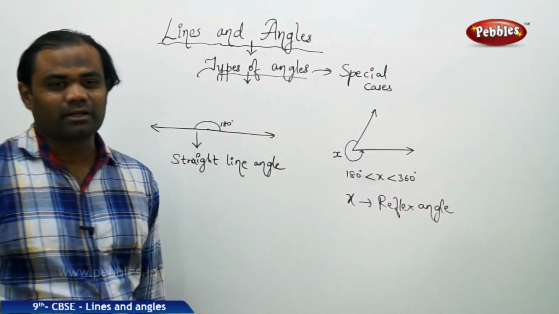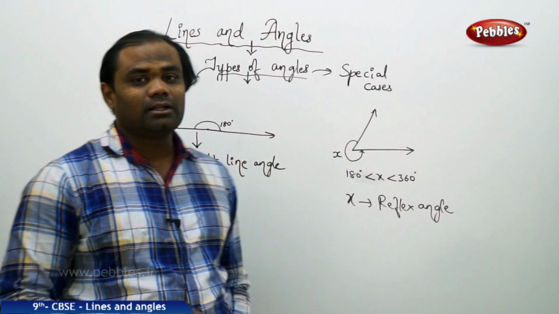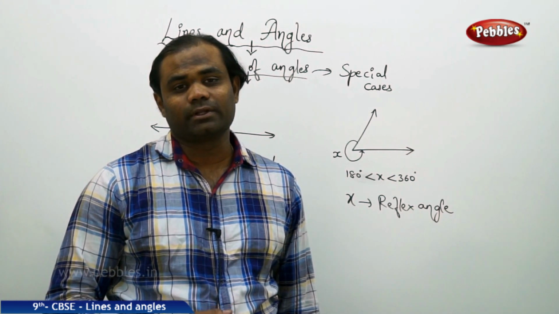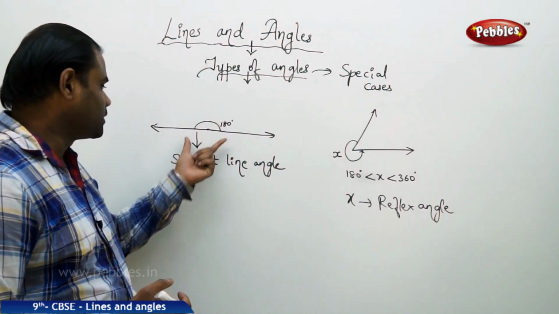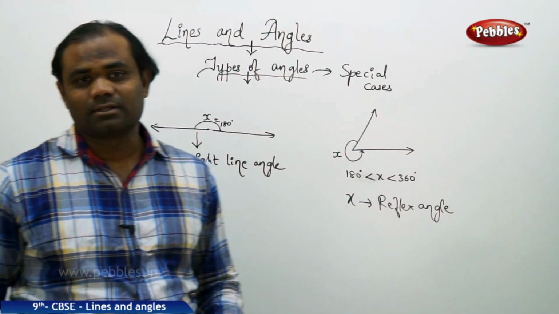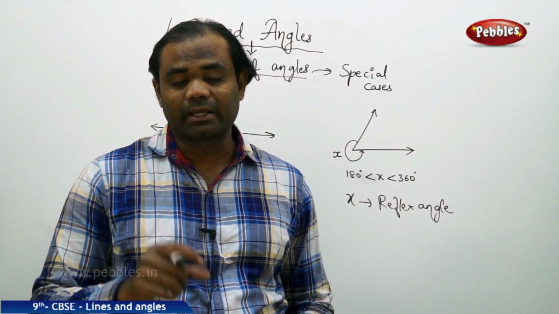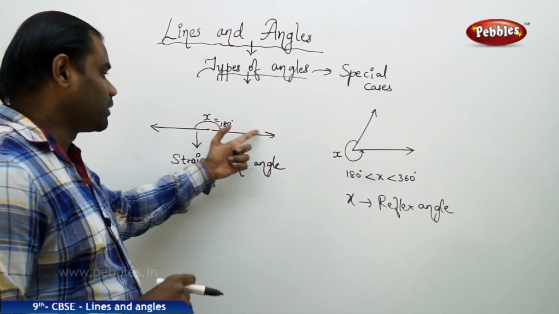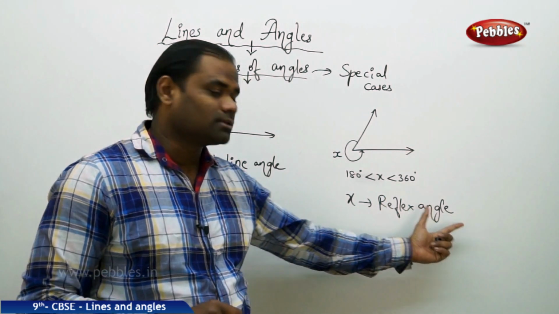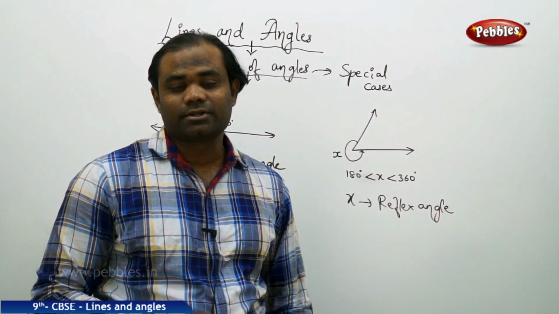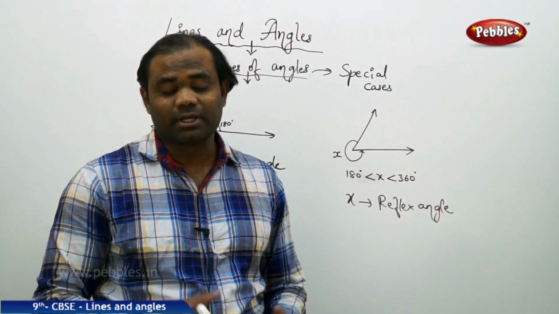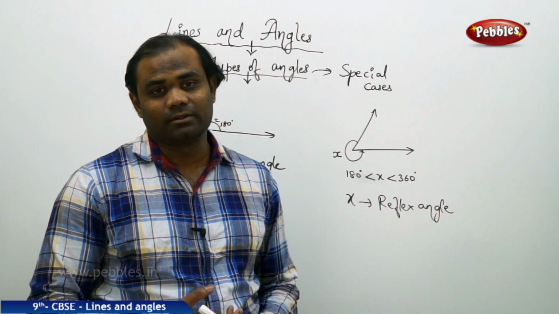This is how we understand the straight line angle and reflex angle, which are equal to 180 and more than 180. X equals 180 degrees implies that angle is called a straight line angle as made by the two rays. X greater than 180 and less than 360 is called a reflex angle. Straight line angle and reflex angle are the special cases of the types of angles.